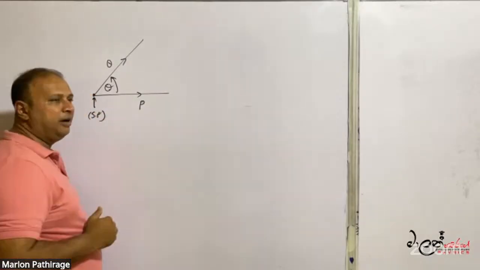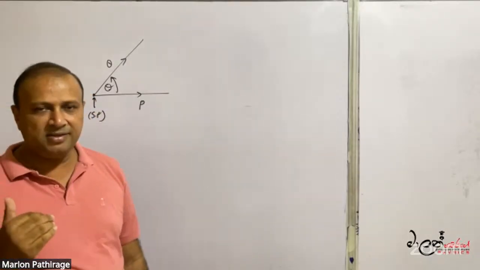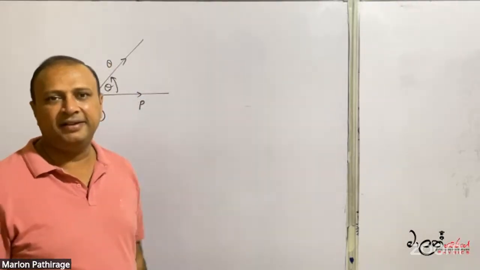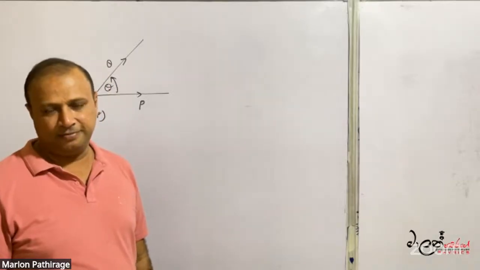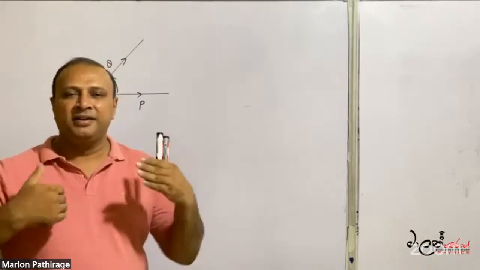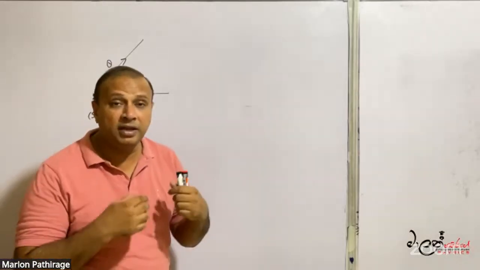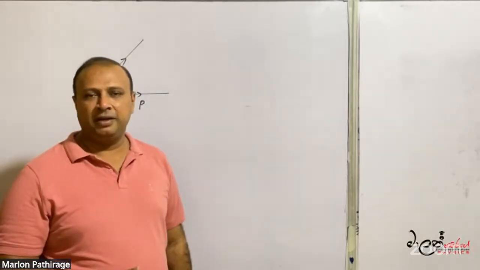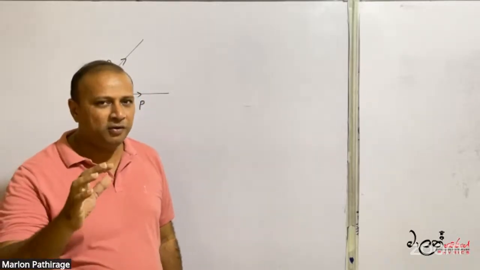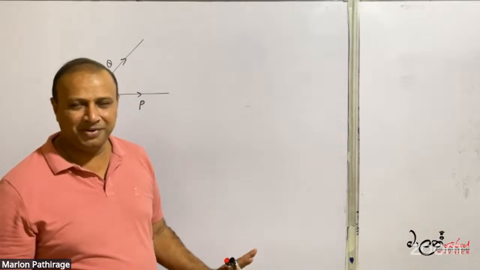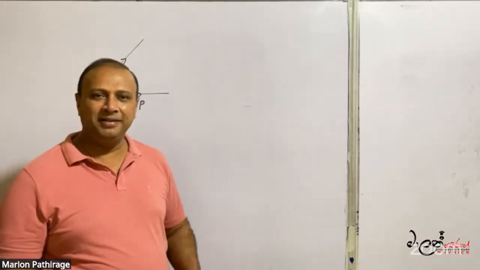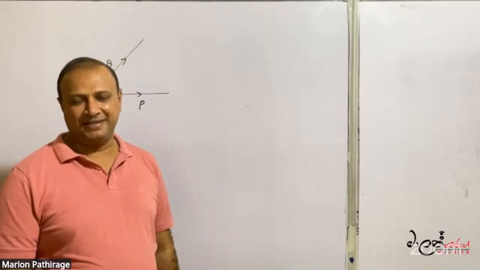Actually, you have to understand this if you are using that equation. Otherwise, if we can use some geometrical relationships, then you don't need to consider the angle between two vectors, because you can directly derive the answers.